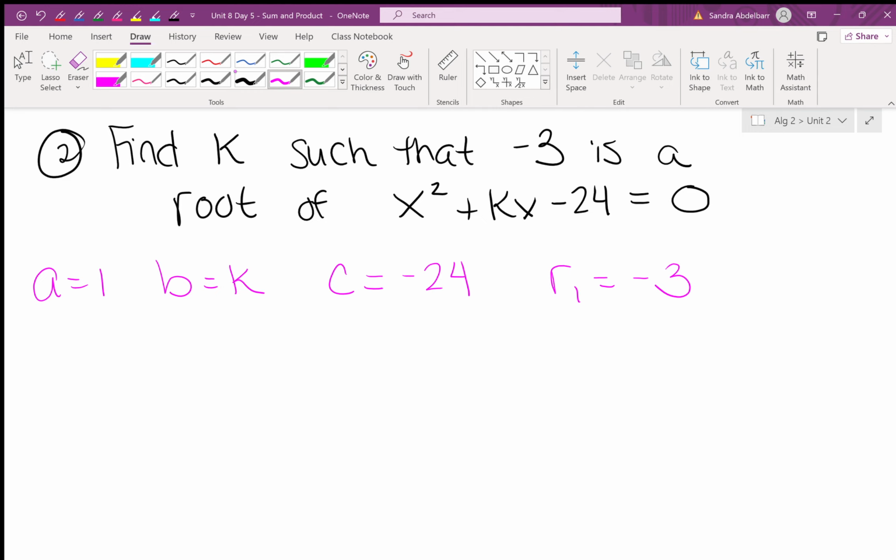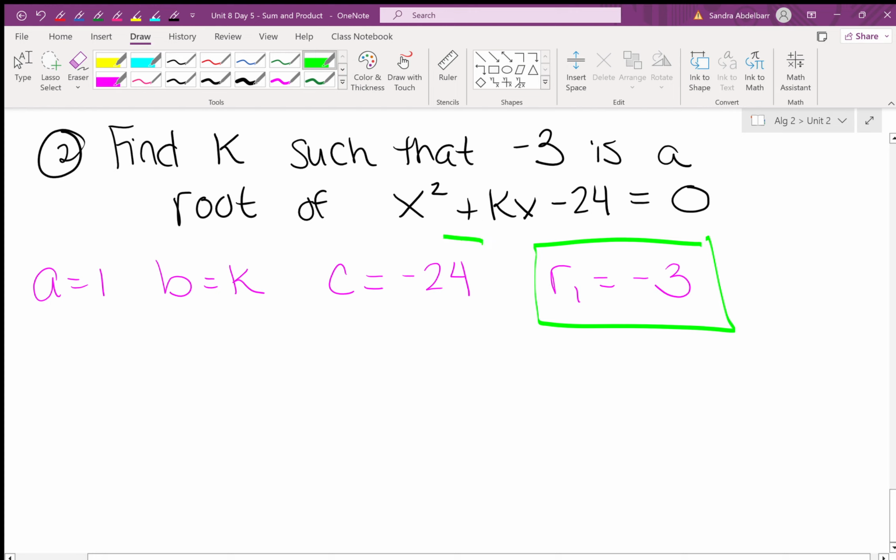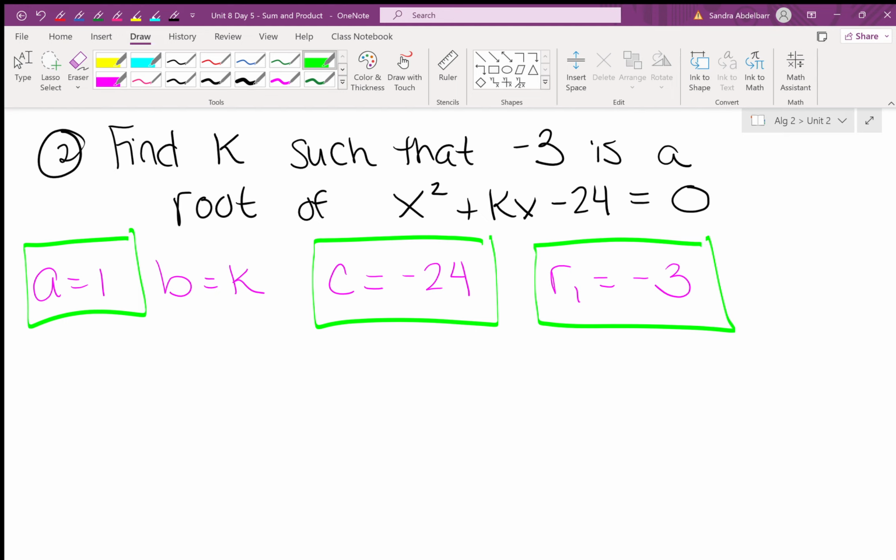All right, let's go by numbers we do have. We know we have root 1, we know we have C, and we know we have A, right? We don't have root 2, and we don't have B. Do you all agree?